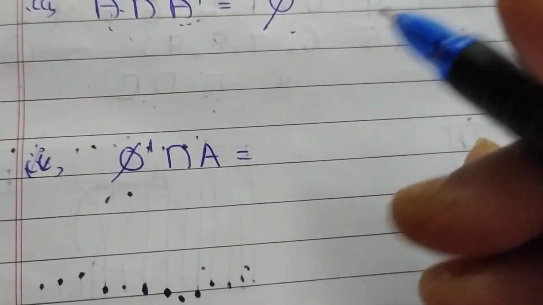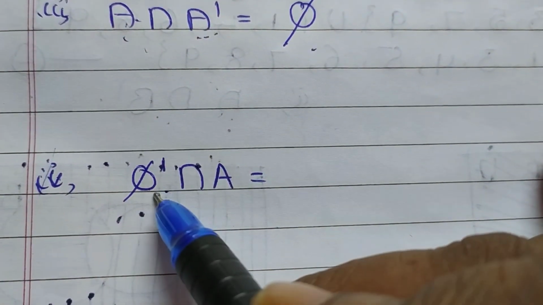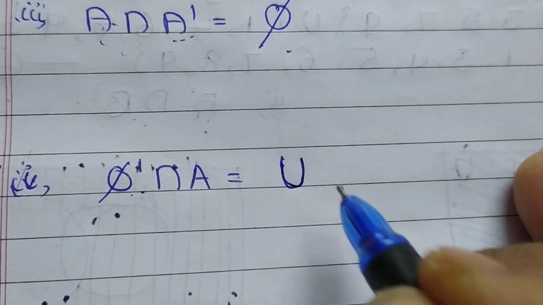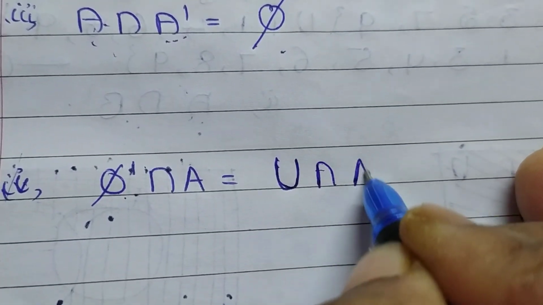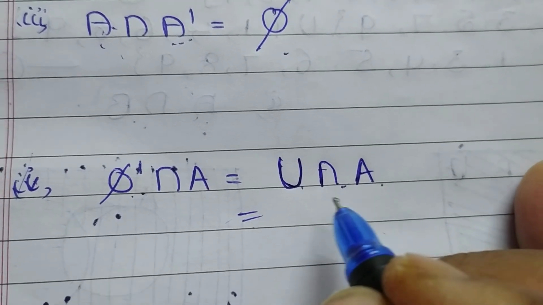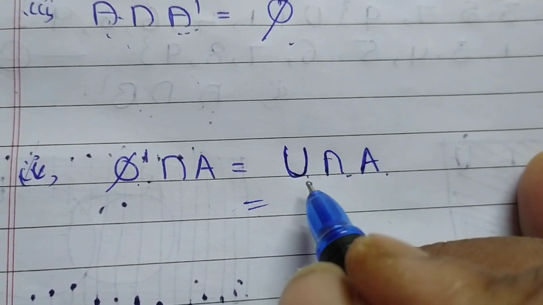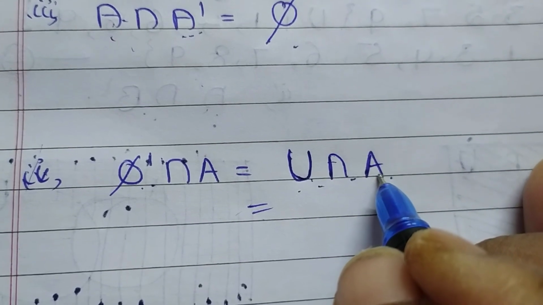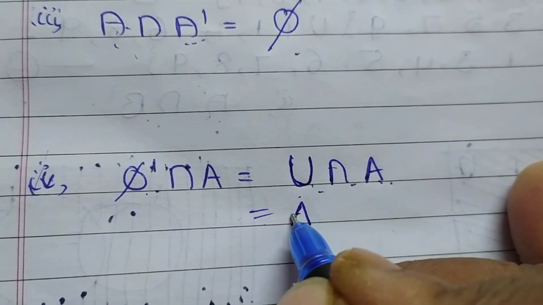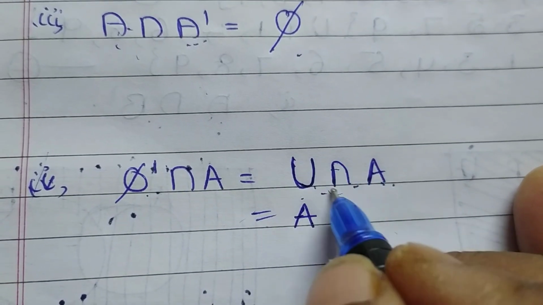Now, complement of a null set. Null set complement will be, as we have already studied, the universal set. Intersection A, so universal set intersection A. Always, with one large set, if you take any subset in it, you are going to get the smallest set if it is an intersection.